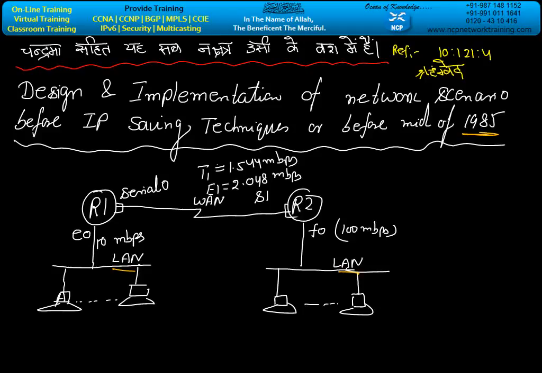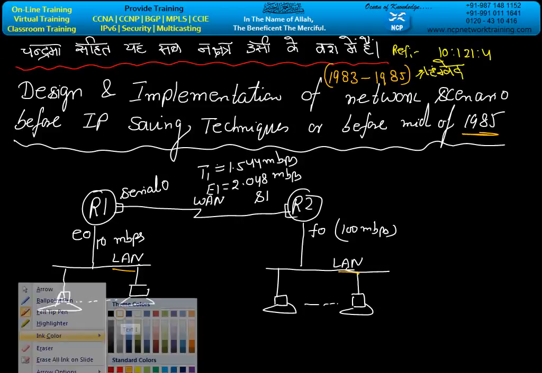We don't have any IP saving technique from 1983 to 1985. We faced a lot of problems in this phase because we don't have any technique so that we can get the desired or required IP address.